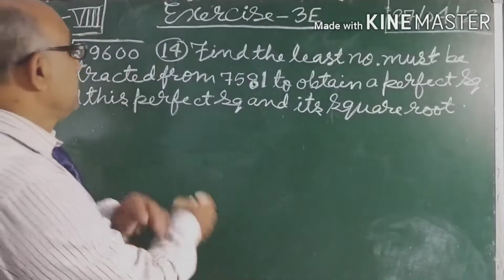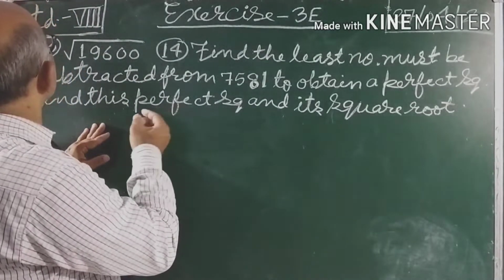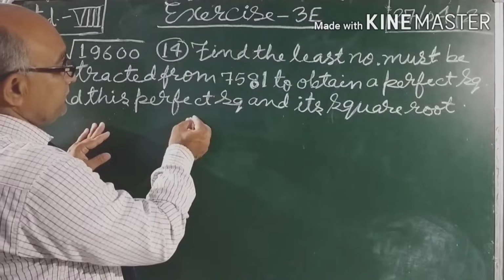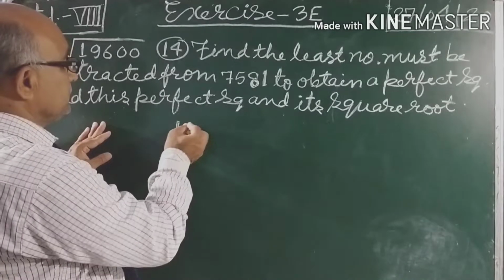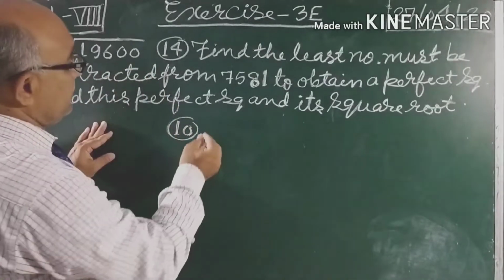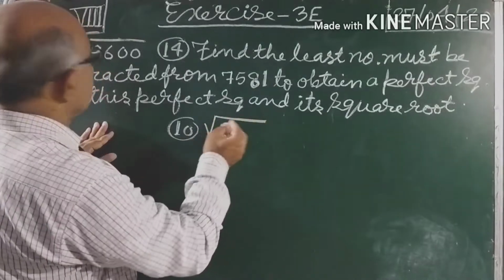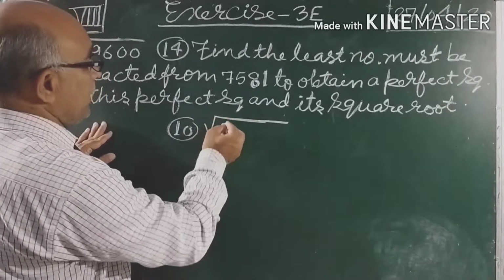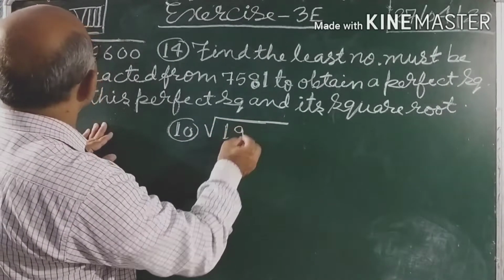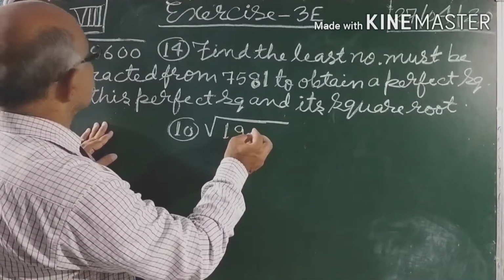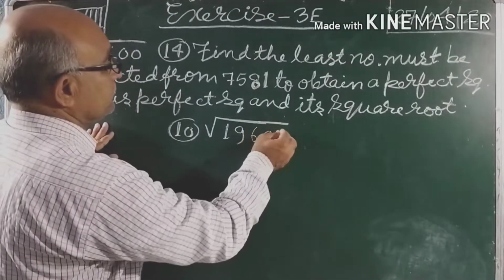First of all, I solve question number 10: find the square root of 19,600.